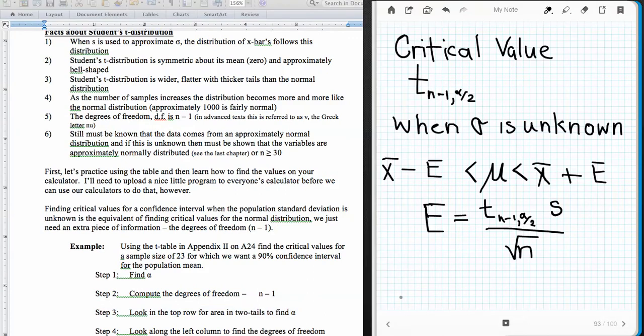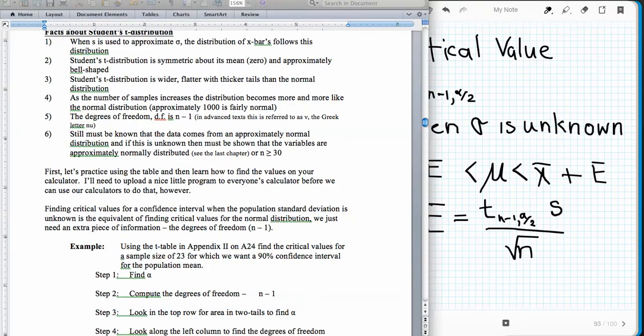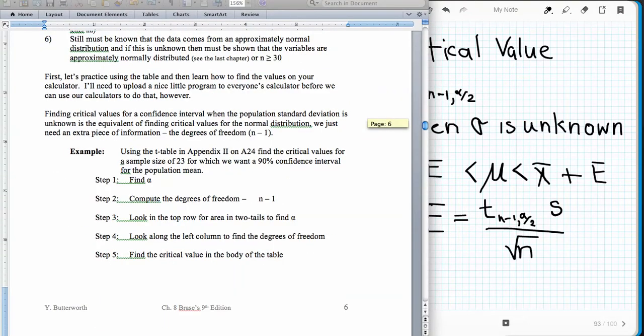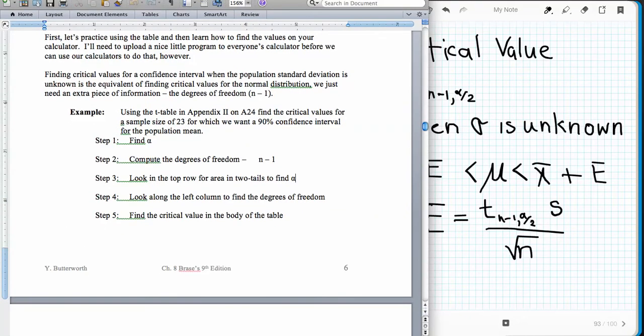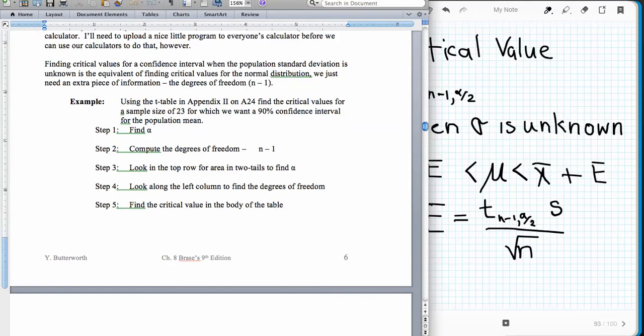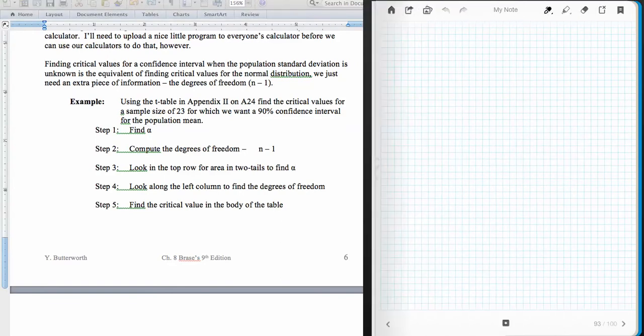And again, in Brace's book, it's in Appendix 2, and I believe the table value hasn't changed in edition 10. I think it's still A24. So we're going to look up t values for a sample of size 23, and we want a 90% confidence level. So our 1 minus alpha is going to look like 90%, and we have an n equal to 23.